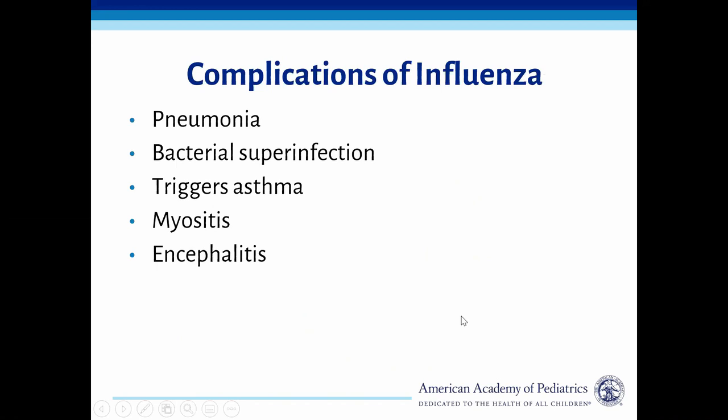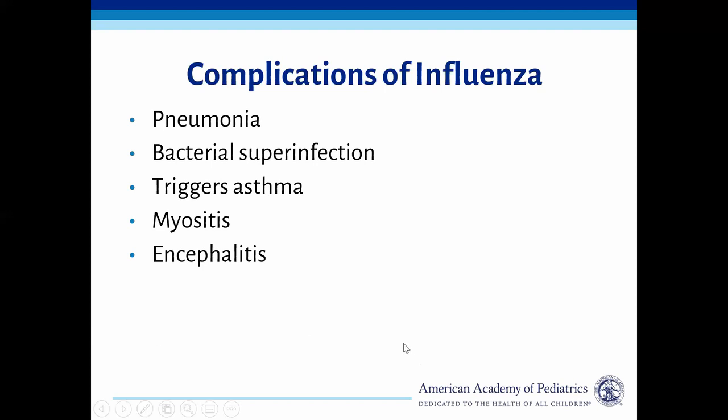What are the complications of influenza? We get either from the virus itself, viral pneumonia, or bacterial superinfection, and that is mainly in the lung, bacterial pneumonia, with things like pneumococcus, Haemophilus, the usual suspects, but also Staph aureus. Staph aureus and influenza together are a bad mix and make for severe bacterial pneumonitis and severe bacterial pneumonia.